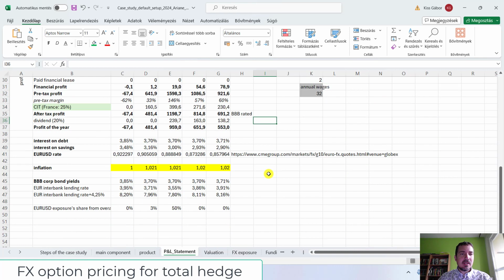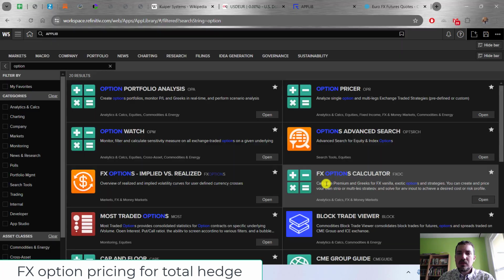So what we need for an option fee, we need interest rate in euros. Okay, we have many of them, but also we need interest rates in US dollars, and we need volatility in the option calculator.